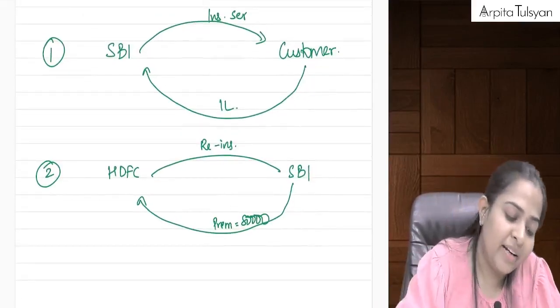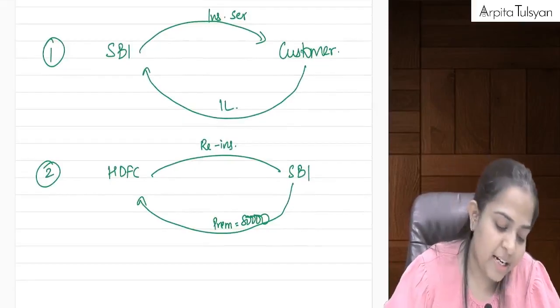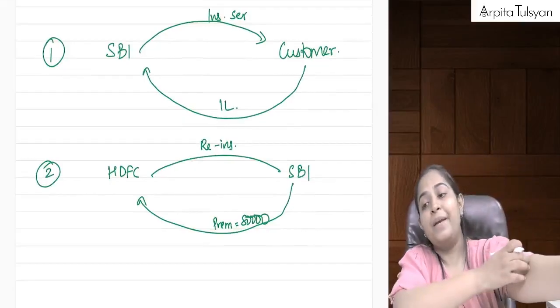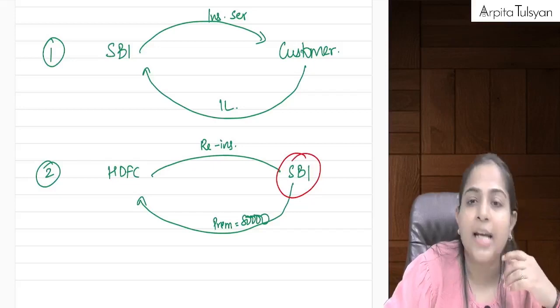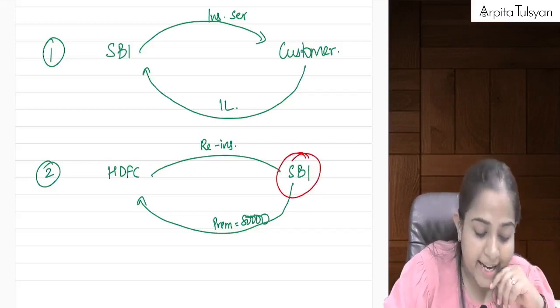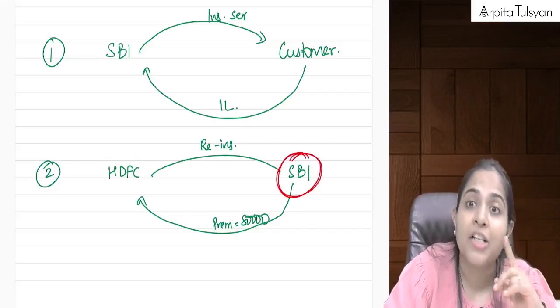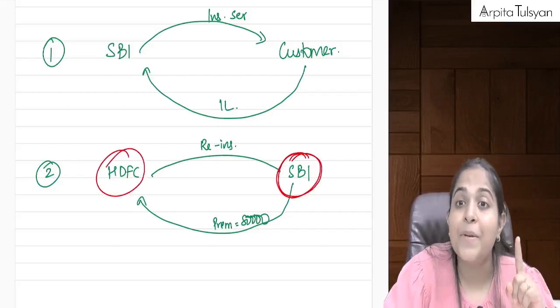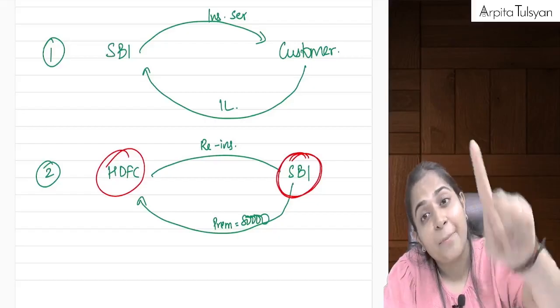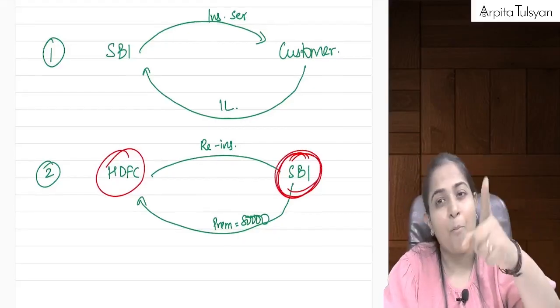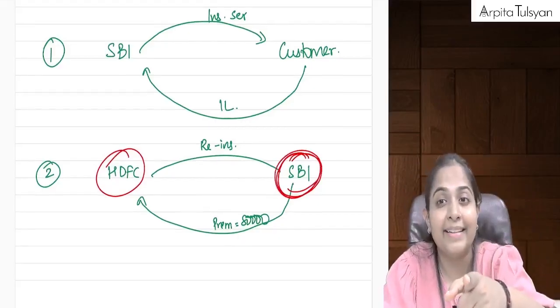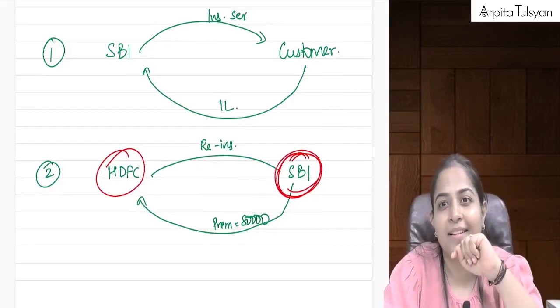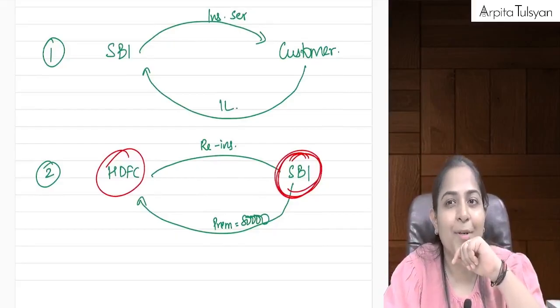Now, generally in such contracts, SBI will also charge some commission from HDFC, because SBI will say, boss, I have given you a client, a customer, so I need some commission for that.